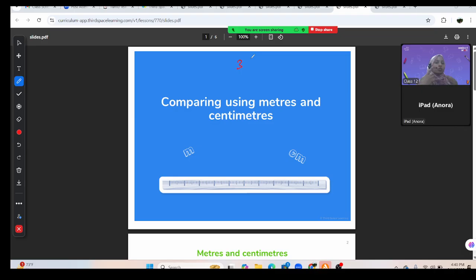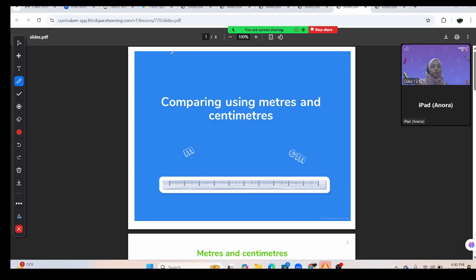That's why we need units. Why do we need units? Why do we need centimeters, meters? In ancient times, people used to measure things using their hand span, using their feet, because there were no units like the meter scale we have now.